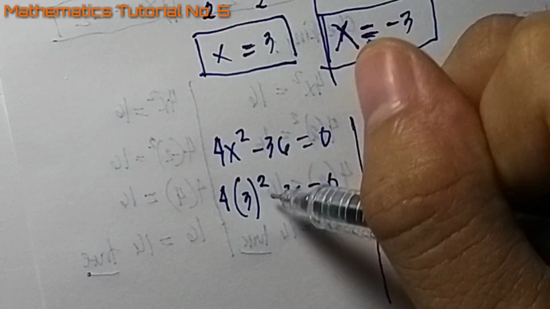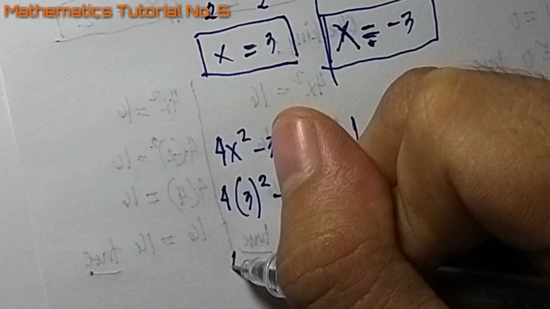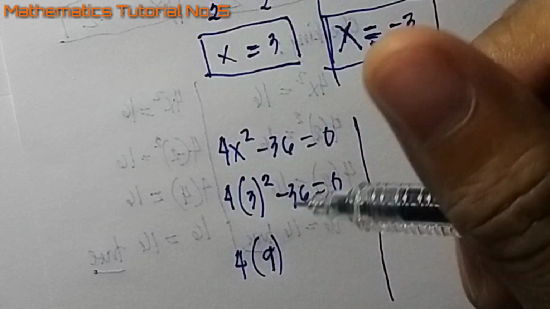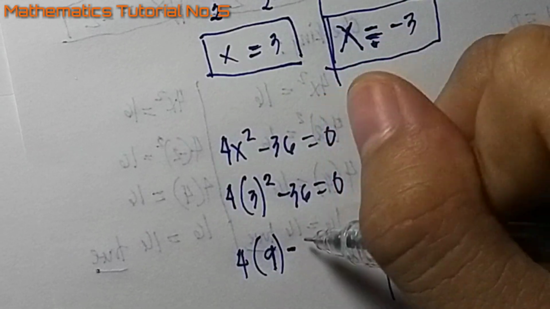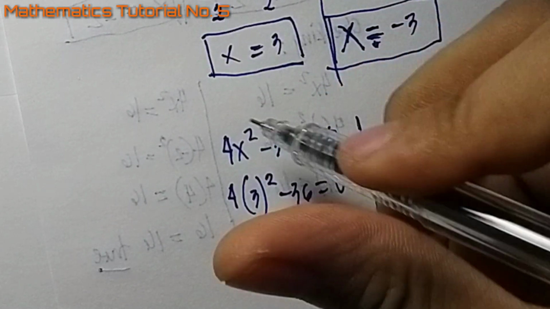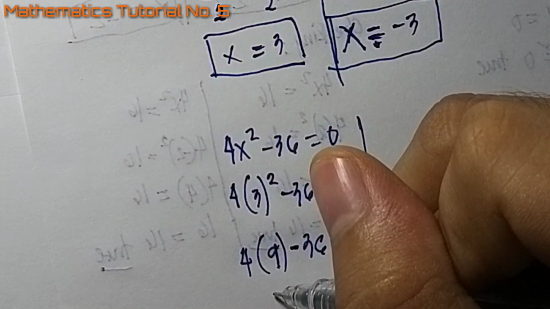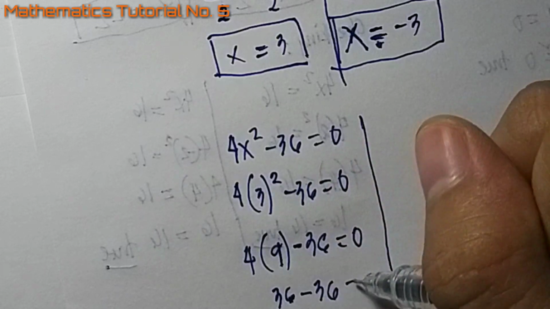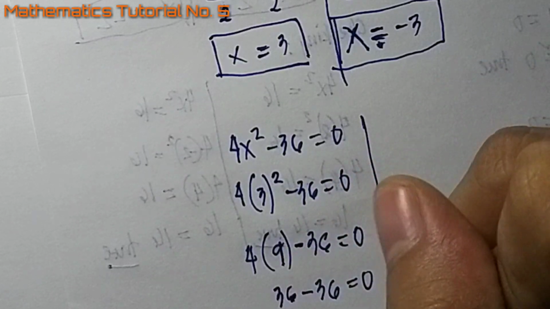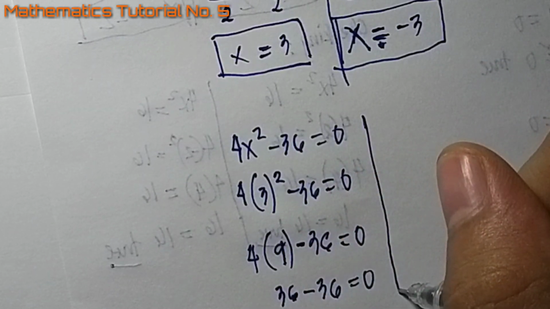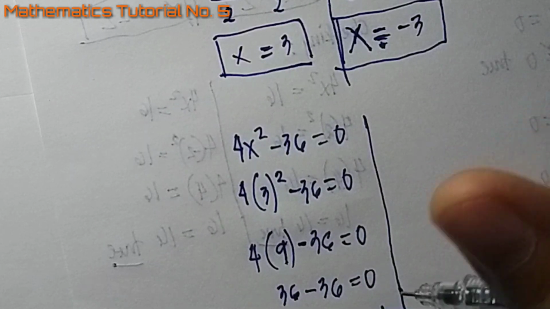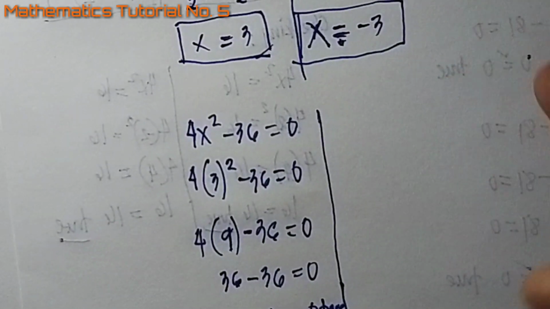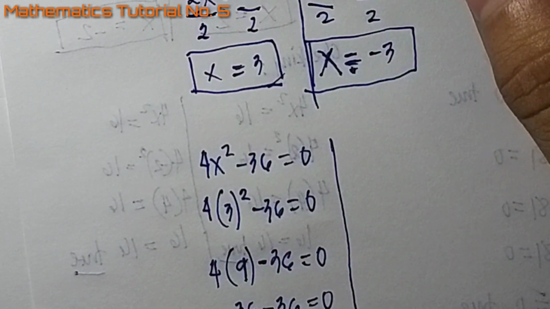Unahon nato ang exponent. 3 squared, that is 9, kay 3 times 3 man ang pasabot. 4 times 9, that is 36, minus 36 equals 0. So, 36 minus 36, 0. Which is tinuod. So, pag true, meaning correct ang atong solution or what we call roots.